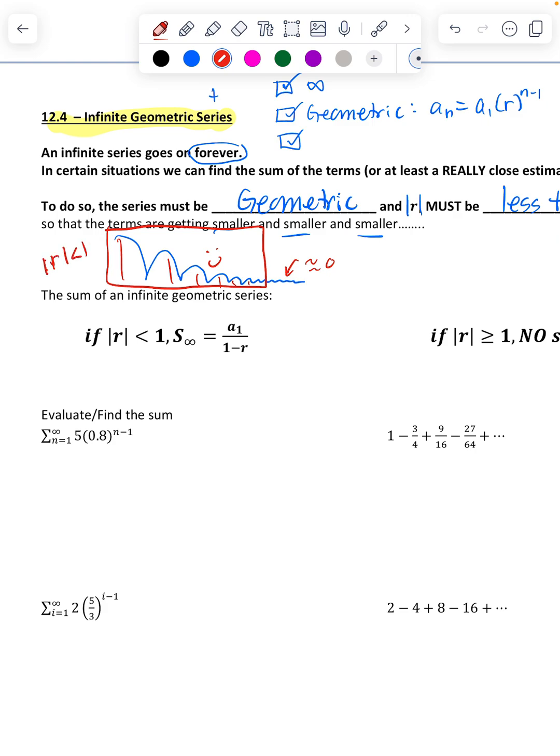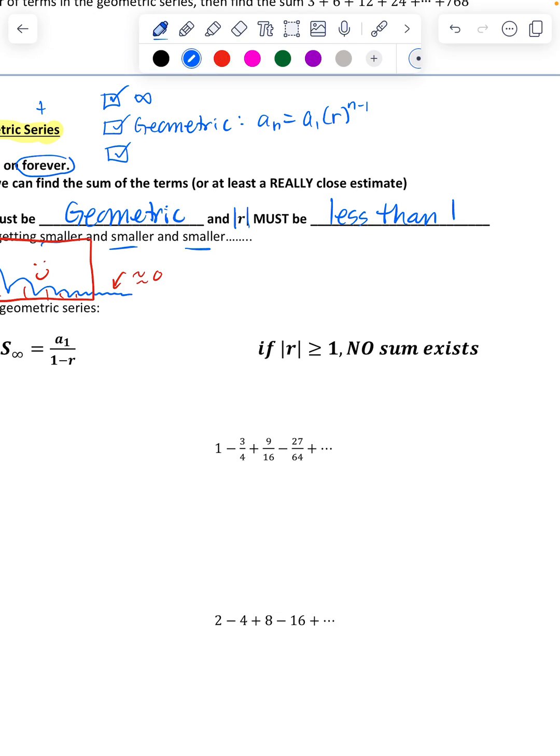It's getting smaller. If you have a situation where the absolute value of R is greater than 1, now keep in mind, you know R because it's the thing being raised to the power. It's what you're multiplying by. If your R is greater than 1, your numbers are going to get bigger. So you would have something that might go like this, and then double and double and double and so on.